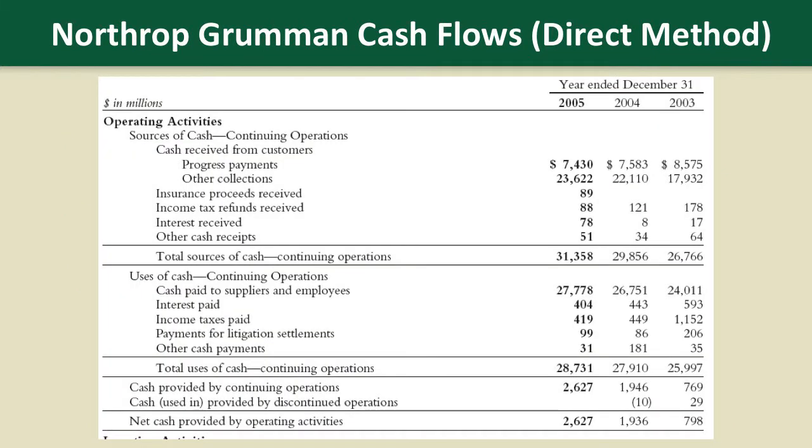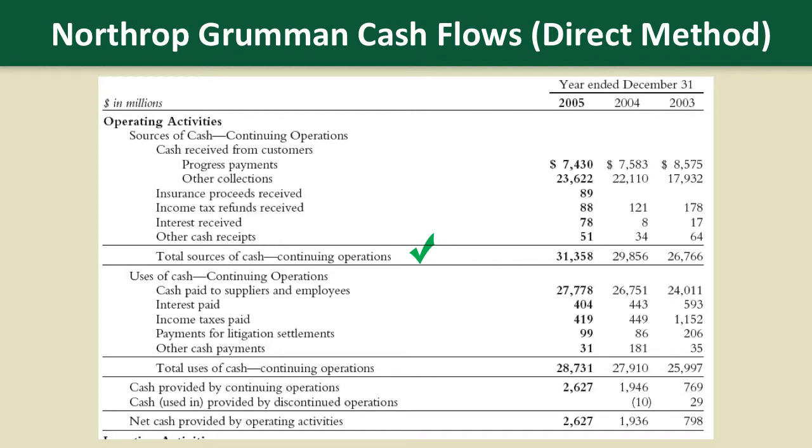Here's an example of a statement of cash flows prepared under the direct method. Here's this company, Northrop. We only show the operating activities section. In this operating section, we have two subsections. One is the total cash inflows.